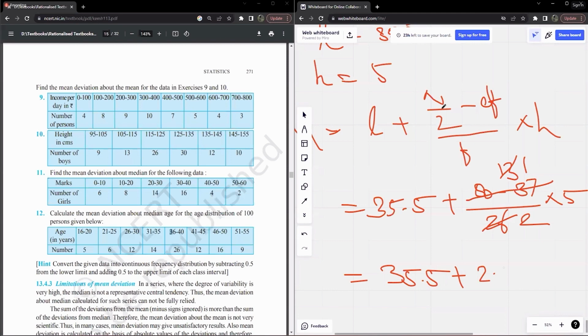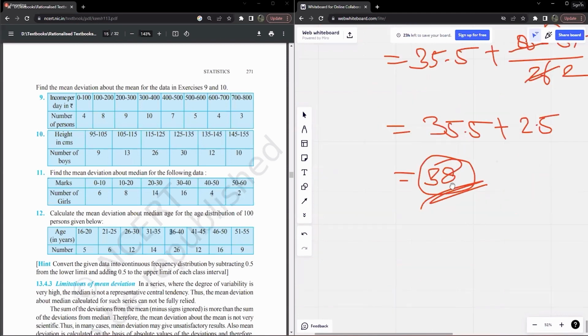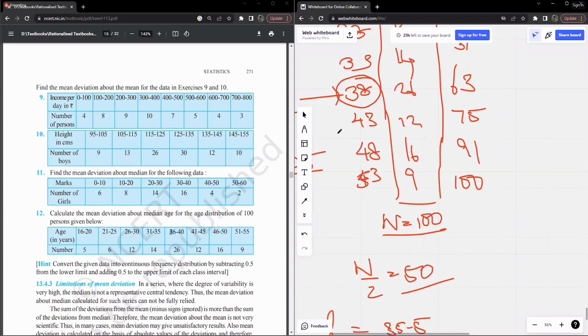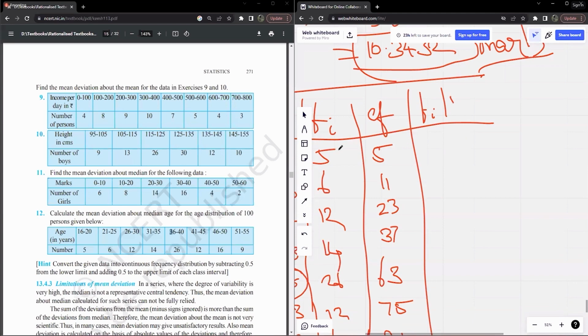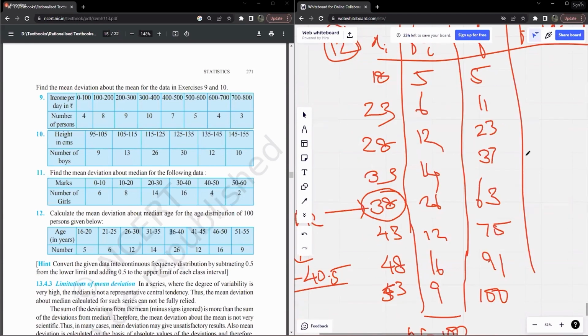So we then have fi times the absolute value of xi minus capital M. Since 38 itself is your median, for the first class we have 5 into (18 minus 38), that's 5 into 20, that's 100. Then you have 6 into 15, that is 90. You have 12 into 10, that is 120.